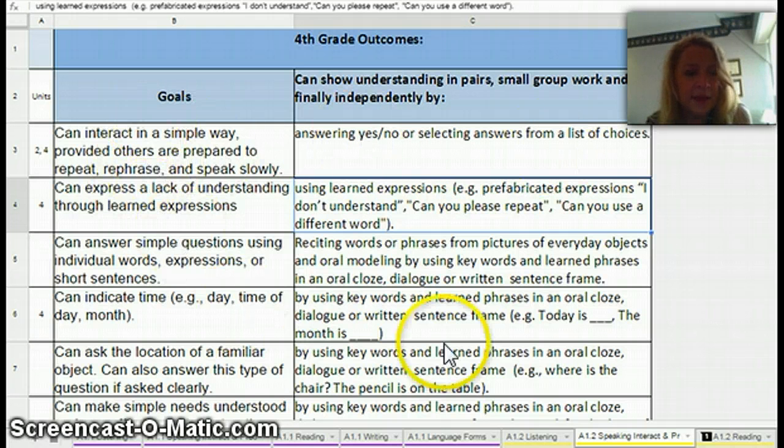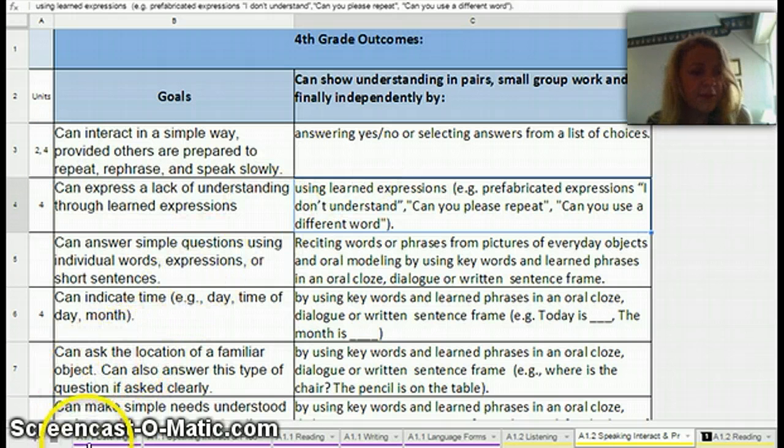Now, this is the kind of thing that I'm talking about with the goals and outcomes. And then when we design the units, as we're starting to, we'll be using some of these. And so, for example, the second unit for grade 4, this is one of the goals and outcomes. For the fourth unit, this is also one of the goals and outcomes that will be used.